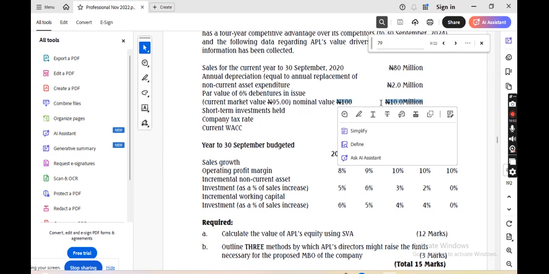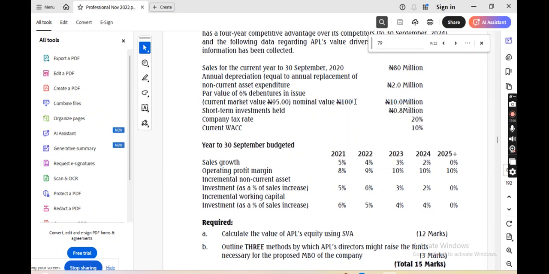It will be 10 million divided by 100 that will give you the number, then the market value per one times 95. That is another problem here. We've been doing something like this before now. Is that not so, class?